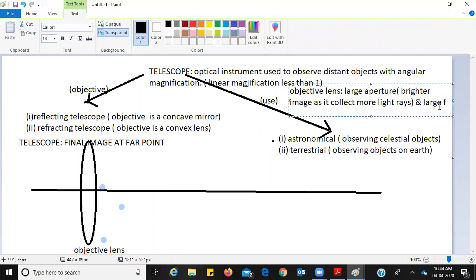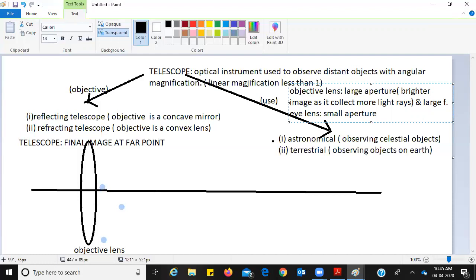Then, what about the eye lens? The eye lens has a shorter aperture compared to the objective lens. Why does the eye lens have to be short in aperture? Because when light rays pass through the objective lens, they converge and move inside, so the eye lens needs to capture them.